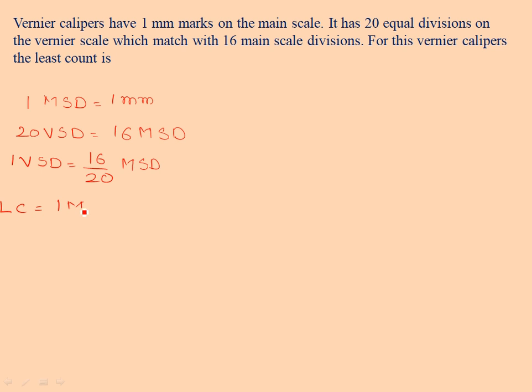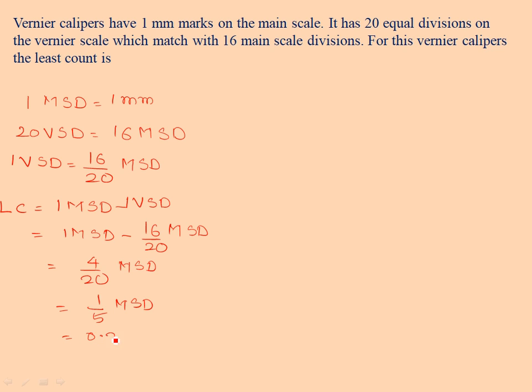Now you know least count formula is like this: 1 MSD minus 1 VSD, so that 1 MSD minus 1 VSD value is 16 by 20 MSD, or this will be equal to simply 4 by 20 of MSD, or that will be equal to 1 by 5 of MSD, or that will be equal to 0.2 of MSD, and 1 MSD value is given as 1 mm, so that this will be equal to 0.2 into 1 mm, that will be equal to 0.2 mm.